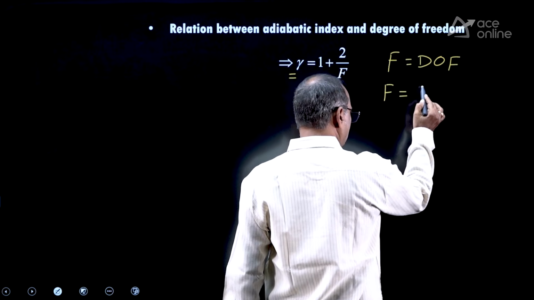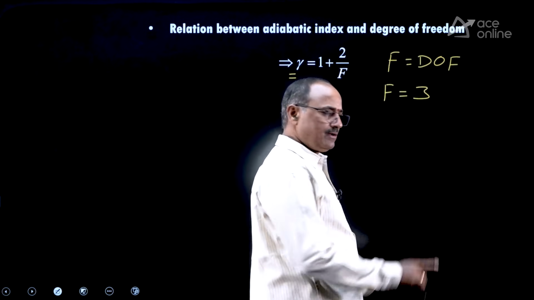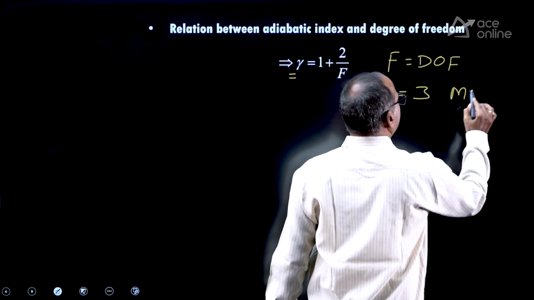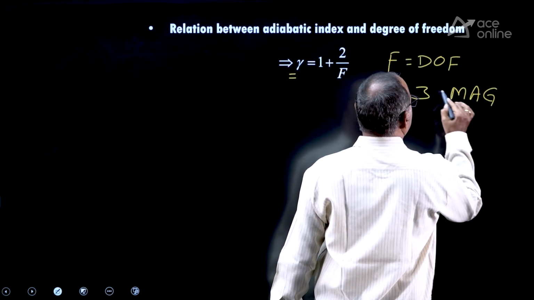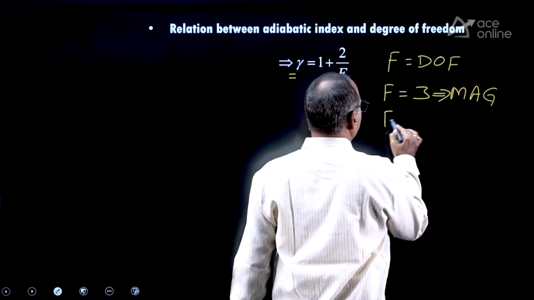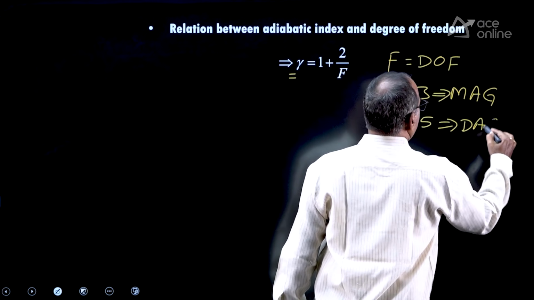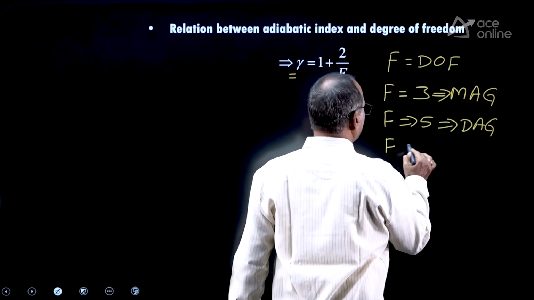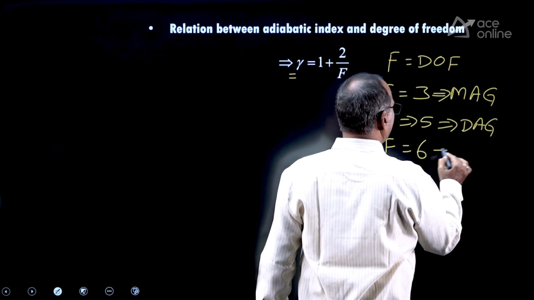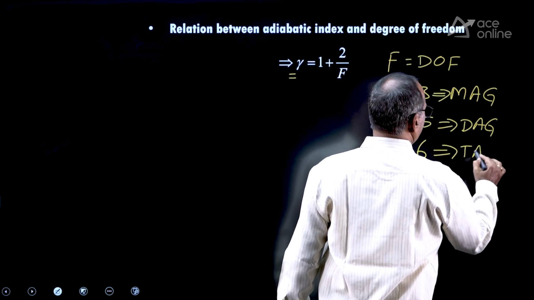Degree of freedom f equals 3 for monatomic gas. Degree of freedom f equals 5 for diatomic gas. Degree of freedom f equals 6 for triatomic gas.